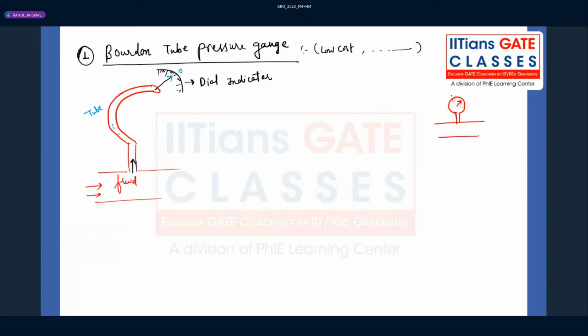The tube will be stretched. After the tube stretches, the needle will be deflected on the dial indicator. Of course, it will not deflect in the air; it will be connected with pinion gear mechanisms. I have not drawn that. I told you this is a very rough diagram, right?